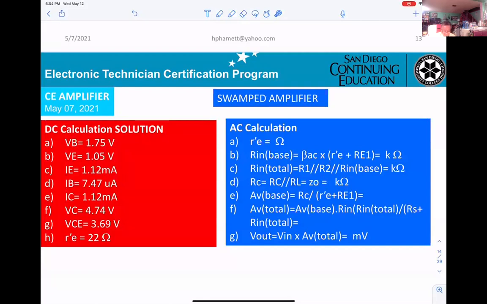And if you want to calculate the R in total, that will be R1 parallel R2 parallel with R in base. RC output impedance will be R big C parallel RL. The gain will be RC, that means G out, divided by R prime E plus RE1.